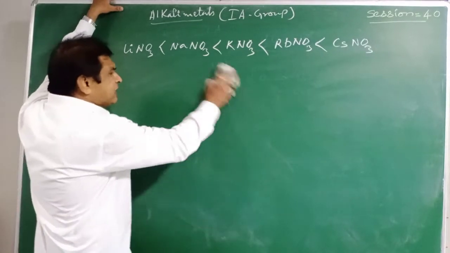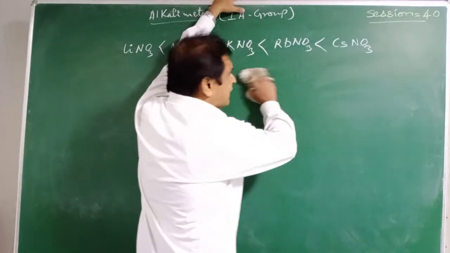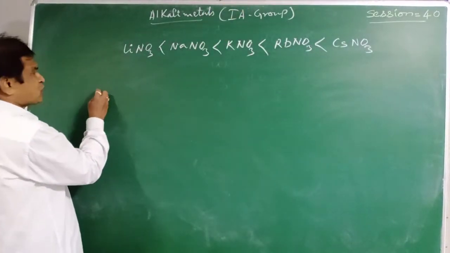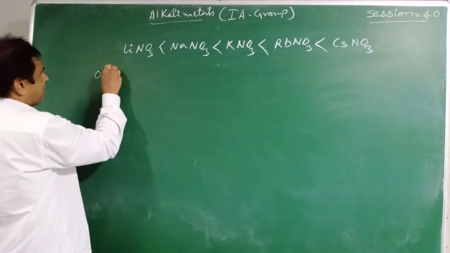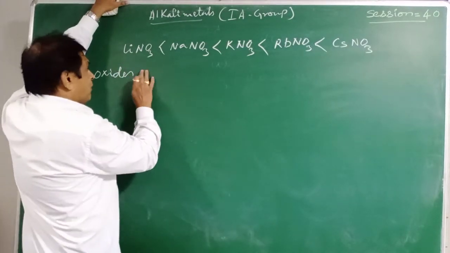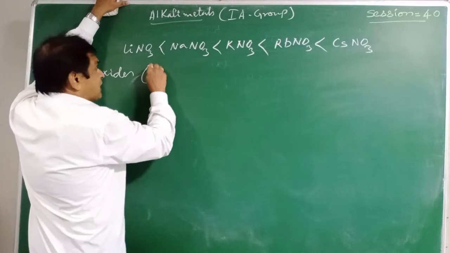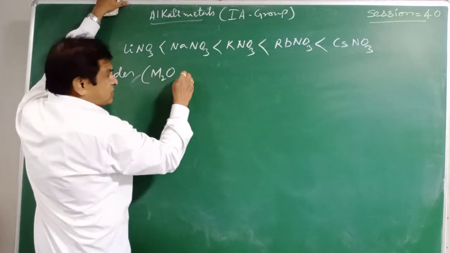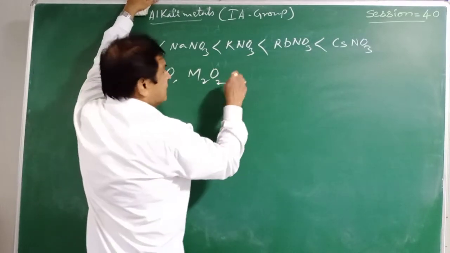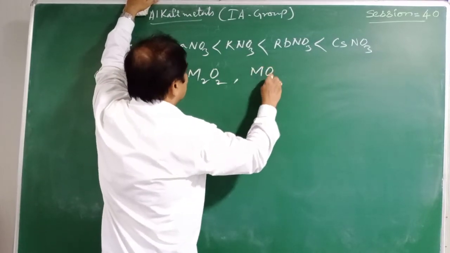So far we completed the chemical properties of alkali metals. Oxides we have completed: M2O type of monoxides, M2O2 type of peroxides and MO2 type of superoxides.